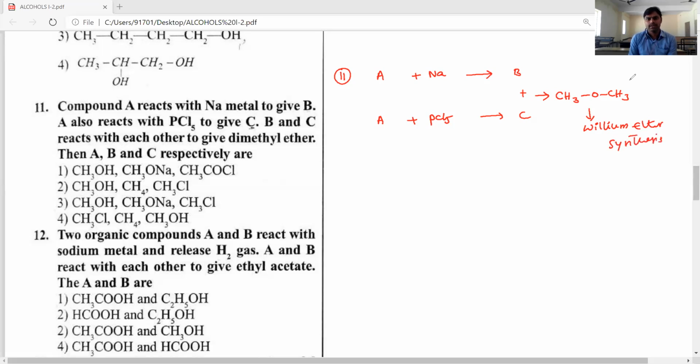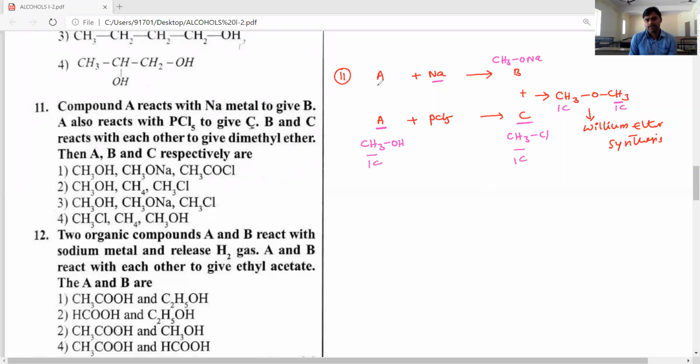In Williamson ether synthesis, if sodium metal is used, it is one carbon here, and it is also one carbon there. One carbon containing sodium methoxide, CH3ONa, and one carbon containing alkyl halide, CH3Cl. So automatically A is CH3OH, methanol, because one carbon is present.